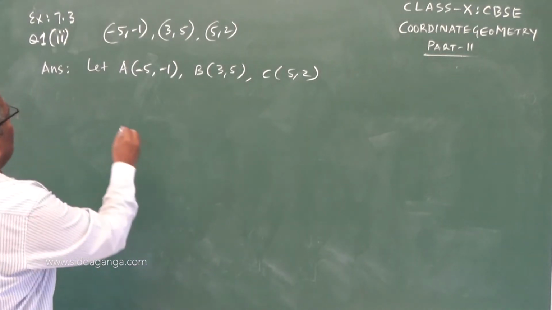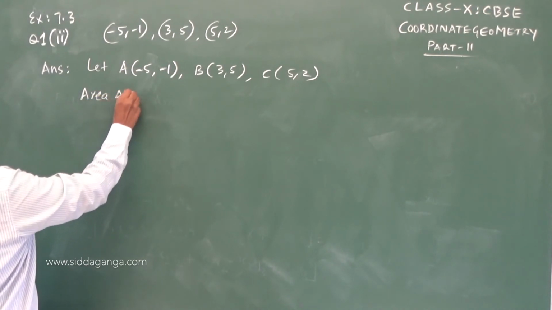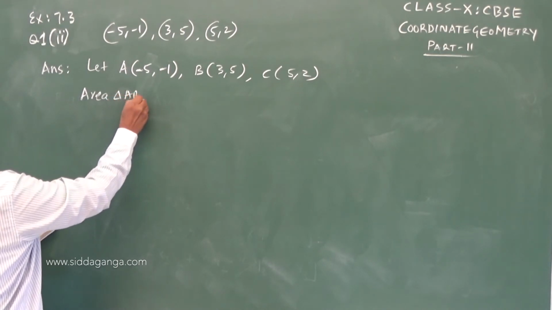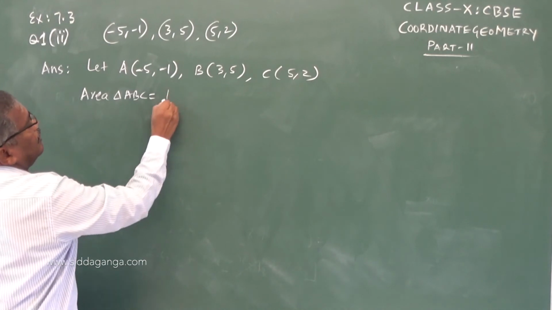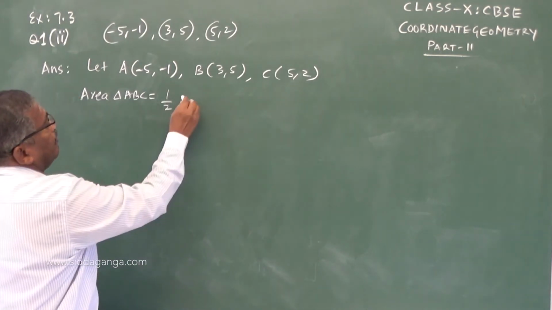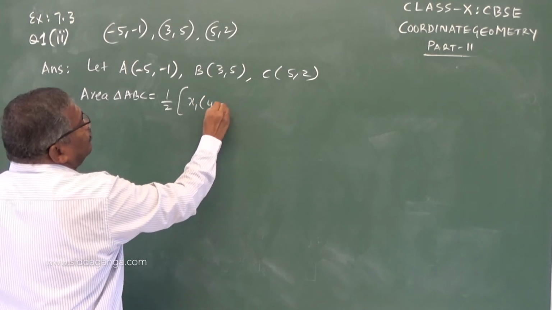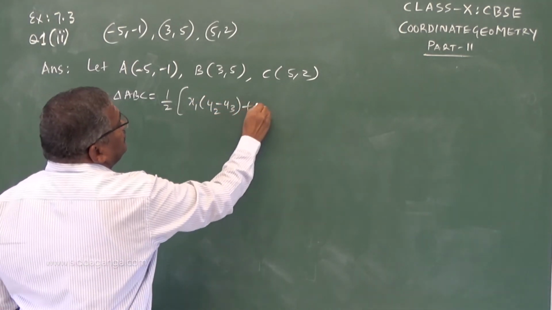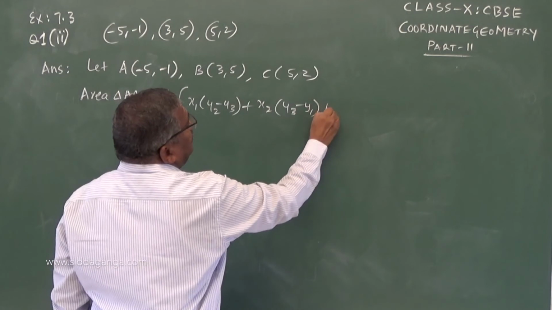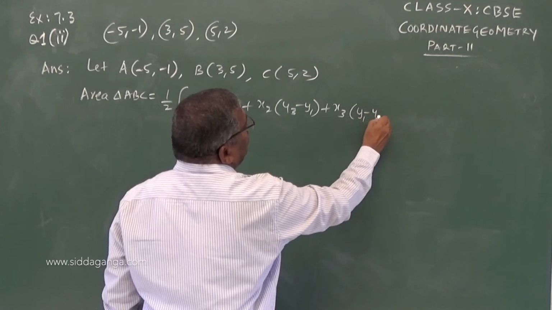So now area of triangle ABC equals half of x1 into y2 minus y3 plus x2 into y3 minus y1 plus x3 into y1 minus y2.